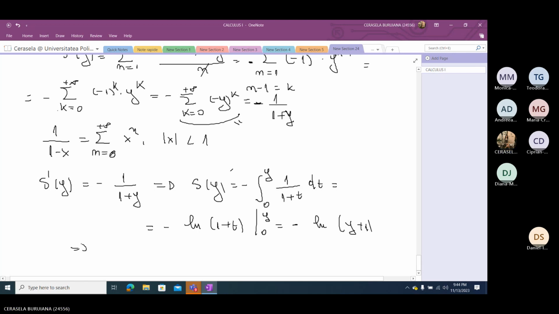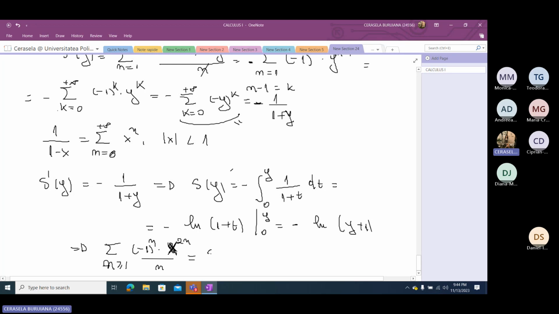So if you look at the series, we need the one in x. It's exactly s of, so the one in x, power n over n.